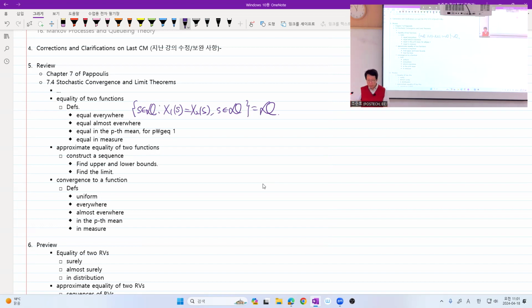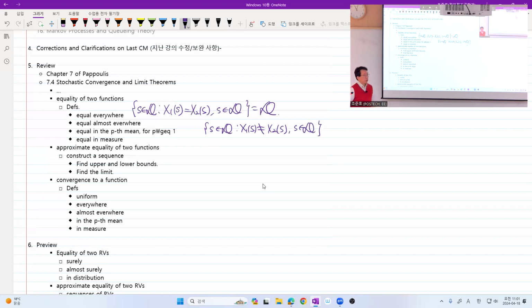Then what is the definition of two functions being equal almost everywhere? In order to do that, we consider the complement set, and the complement set is simply obtained by changing the equality to inequality in this set definition.